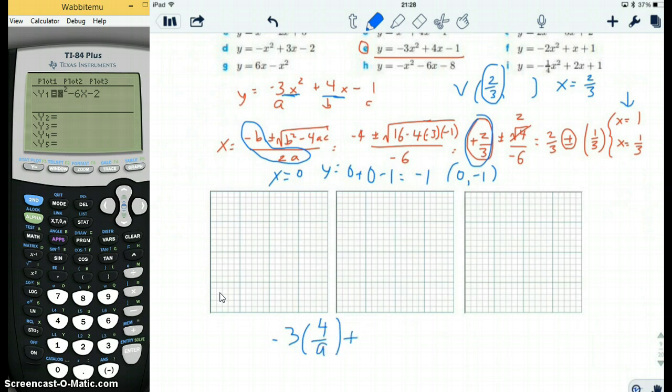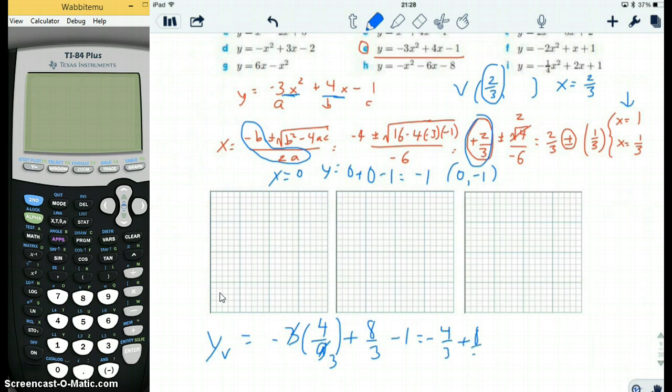Plus 4 times 2/3, which is 8/3, minus 1. That's the y coordinate of the vertex. That gives us negative 3/9, negative 4/3 plus 8/3 minus 3/3, which equals 1/3. So the y coordinate of the vertex will be 1/3.